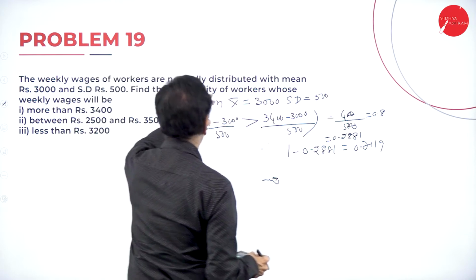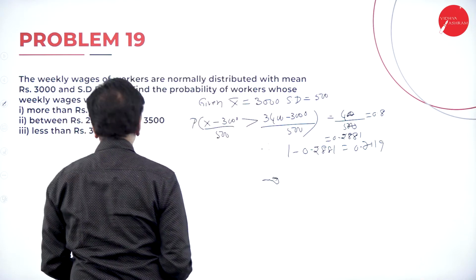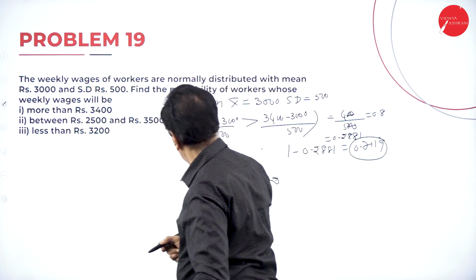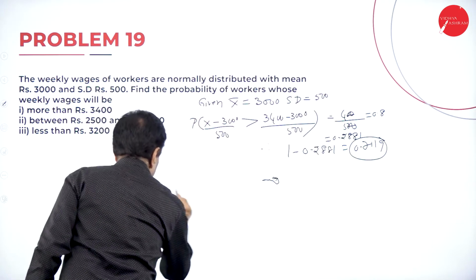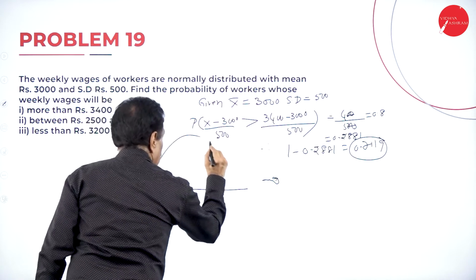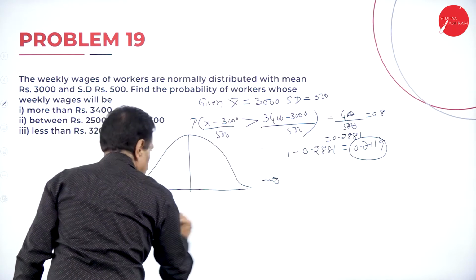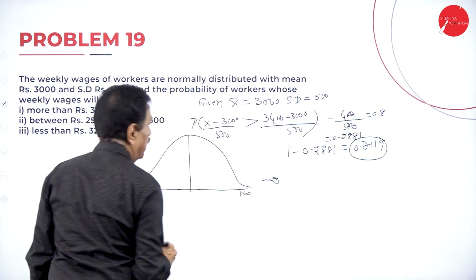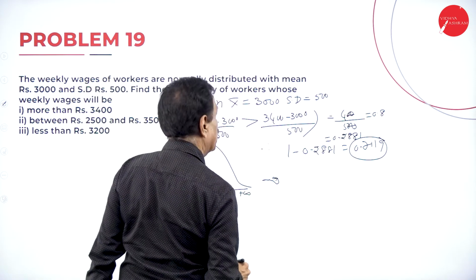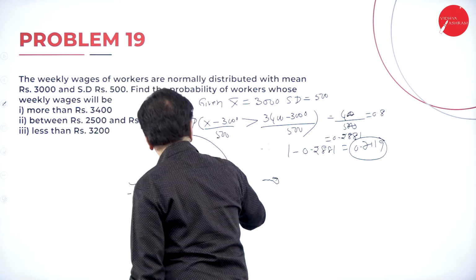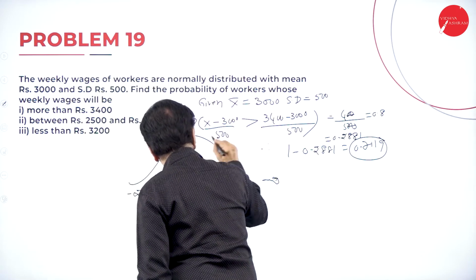How many workers are there? The weekly wages of workers are normally distributed, but the number of workers is not given. This is the answer. So put the table now. This is minus infinity, positive infinity. What's your answer? Positive 0.8. So more than, you have to write like this.